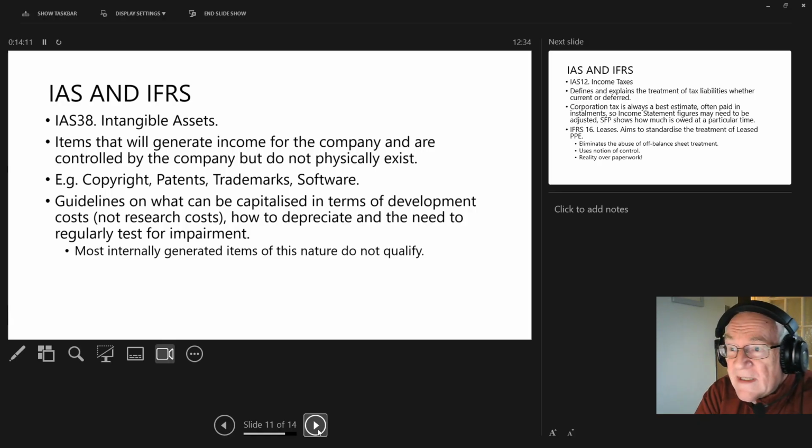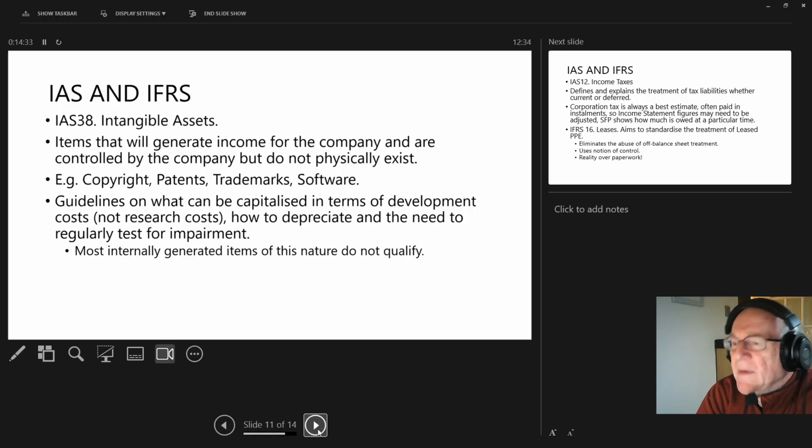So this one is 38, intangible assets. Very woolly. Why? Because they don't physically exist. Copyright, patents, trademarks, software, generally only bought ones, not internally generated ones, and what we can capitalise in terms of development.